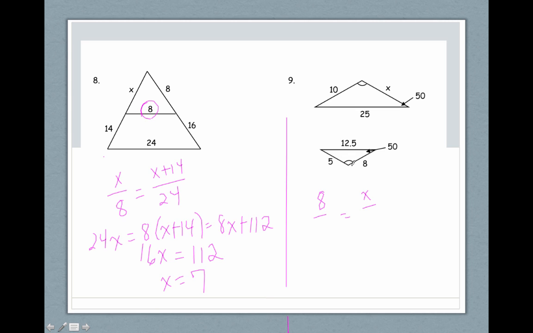And then just touching this angle is 5 and 10. So that means that this is a doubling situation. So 80 equals 5x, 8 times 10, 5 times x, so 16 is x.